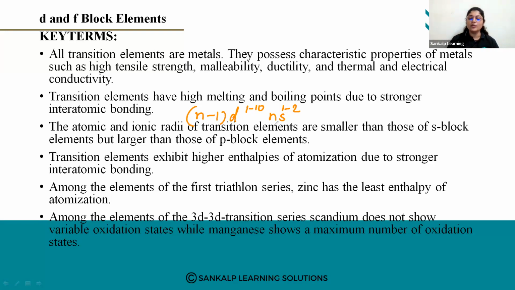According to the filling, first the 3d orbitals will get filled, then the 4d orbitals, then the electrons will go next to the 5d and then 6d orbitals. The 6d series is still incomplete, so elements are still to be added.